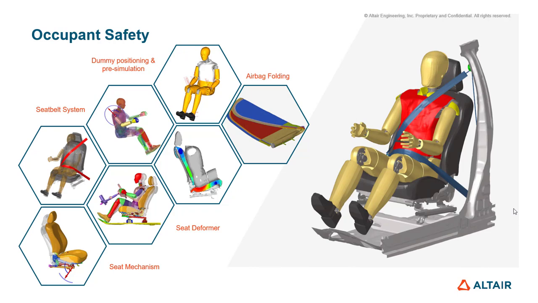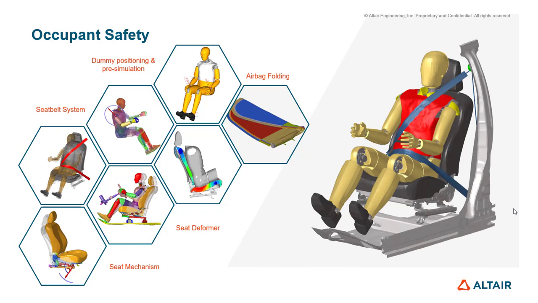After that comes dummy positioning. It's a very simple process. The dummy browser makes it easy to pick up the limbs on the screen or on the graphics and position them, or you can do that in the entity browser. After that comes dummy pre-simulation.